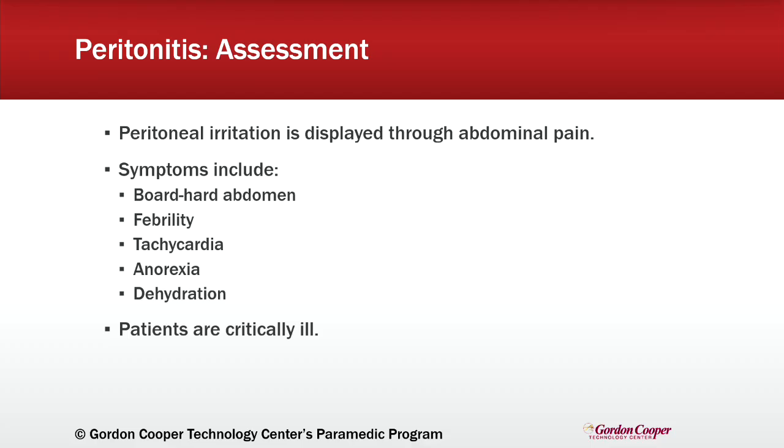Now, that doesn't necessarily mean that these are absolutes, but these are generalities of what we might expect to see, depending on the organ or the part of the digestive system that is involved. However, the treatment is going to be essentially the same, and our way forward is going to be the same.